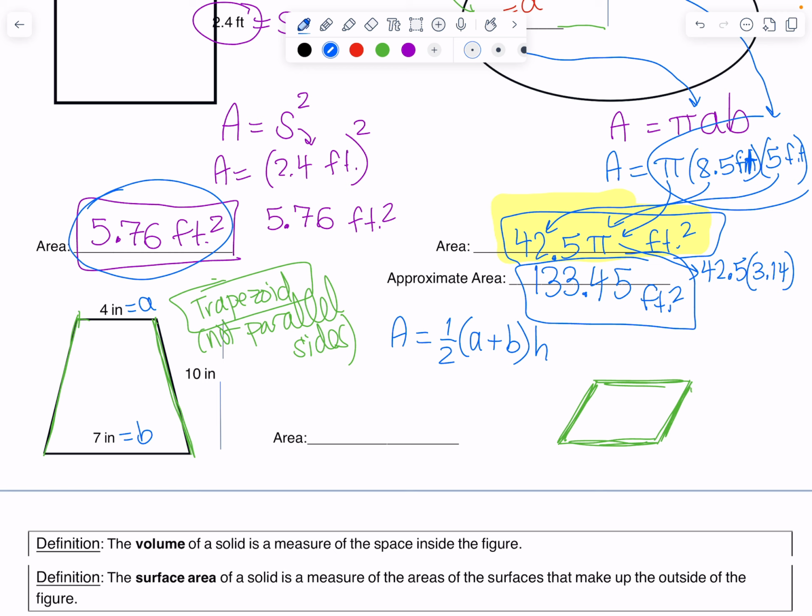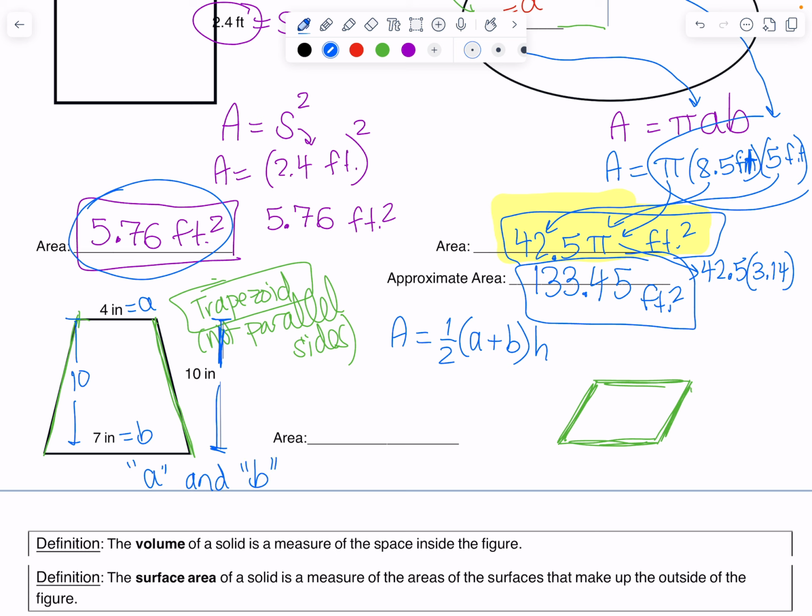So I'm going to call 4 A and 7 B, but you could call 7 A and 4 B. It's just the height. Don't mess up the height, because they're saying that one's 10. You always know, because this over here is 10, the height. Anywhere vertically is 10, so that's definitely the height. It's the two that are parallel to each other that are A and B. Maybe if you're worried about messing it up and not knowing which side is which, the sides A and B will be parallel.